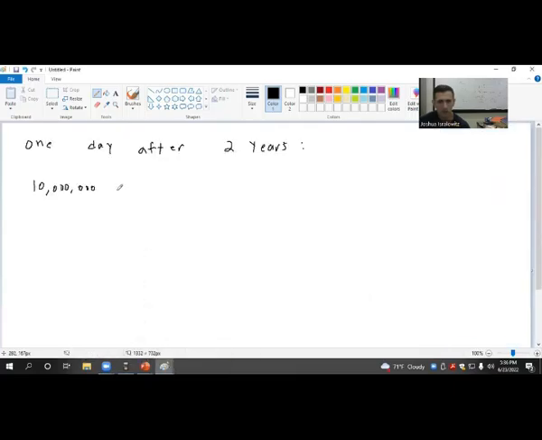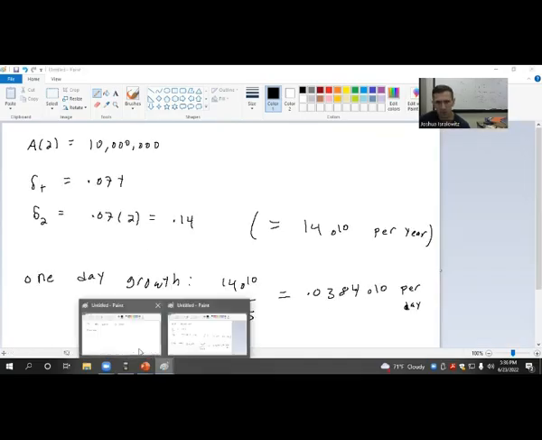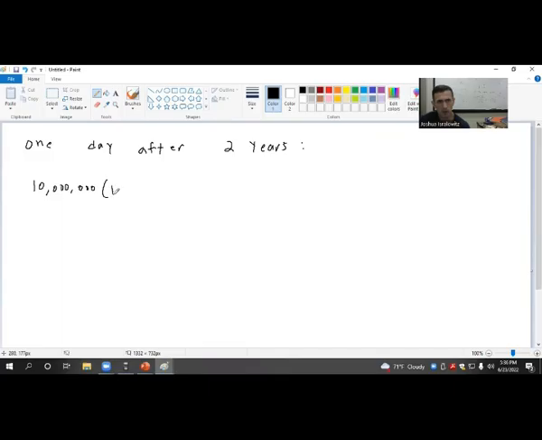So we take 10 million, grows by this amount here, 0.0384% per day. So divide that by 100, 0.00384, add 1.